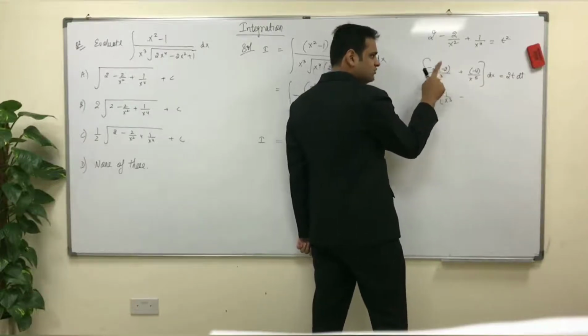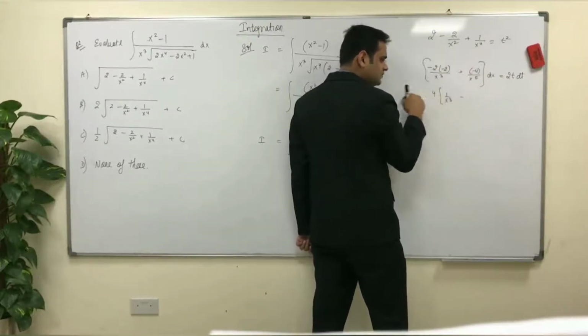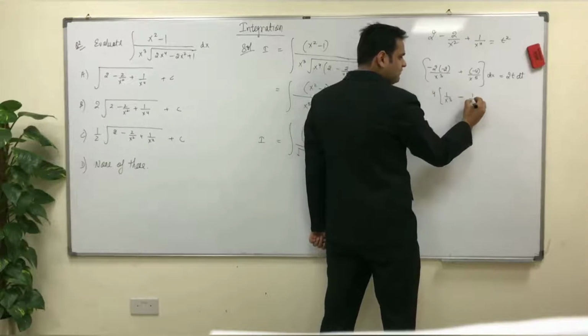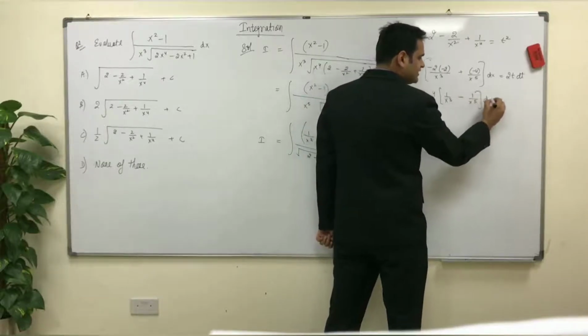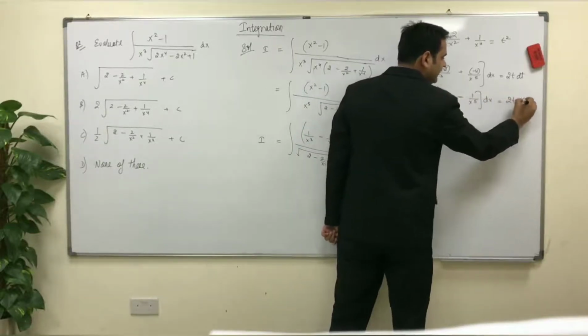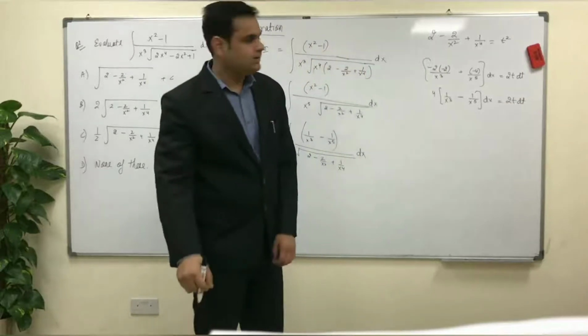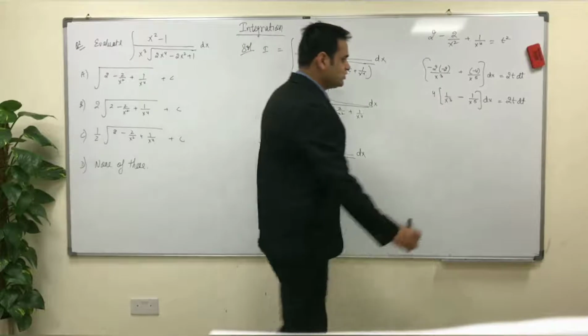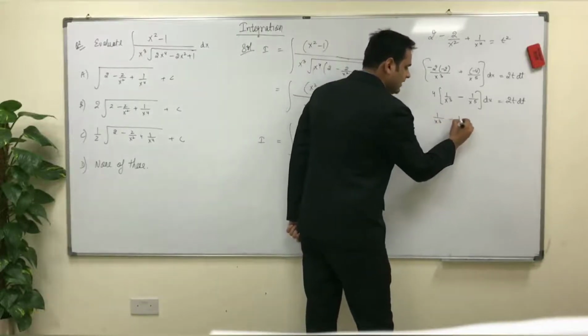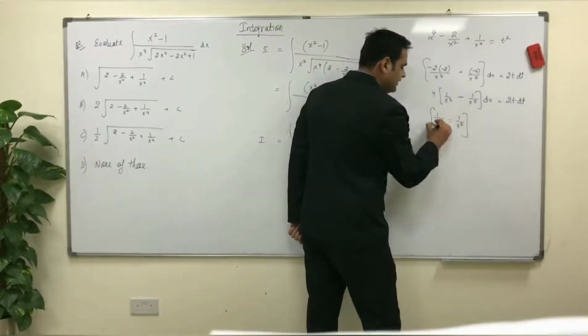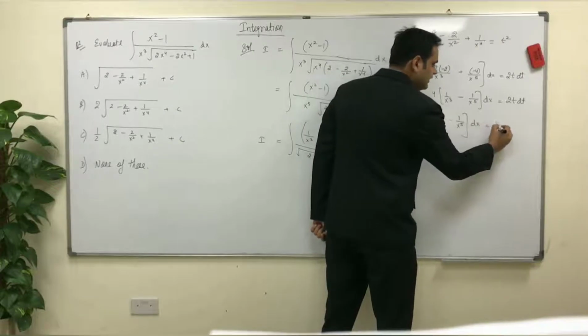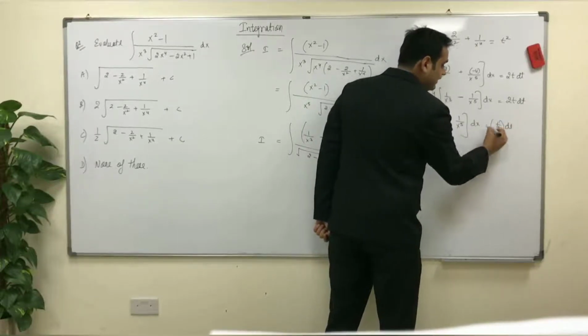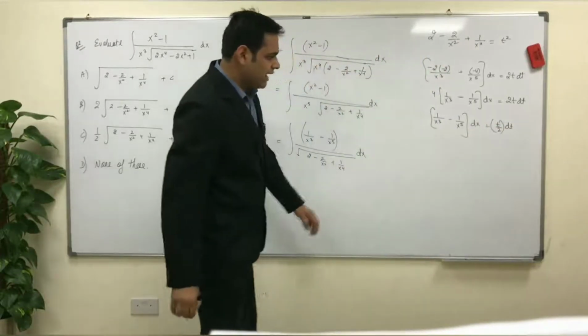Because minus 2 will be plus 4 and this is minus 4. So I can take plus 4 common and it will be minus 1 by x to the power 5 dx equal to 2t dt. I hope that here it's clear. Now 4 will come in division. So it will be 1 by x cube minus 1 by x to the power 5 dx equal to dt by 2, t by 2 into dt. Now I'm going to the replacement.